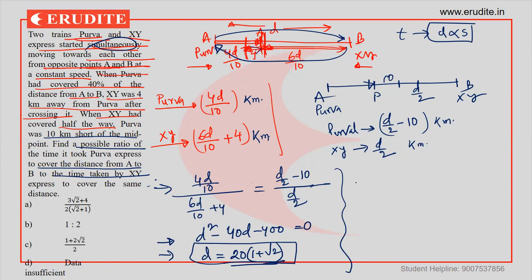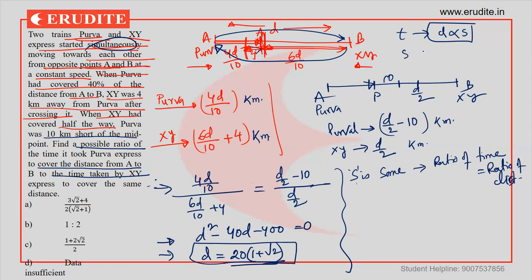As they're moving with constant speed, right? As the speed is the same, distance and time are in direct proportion. So ratio of time will be equal to ratio of distance as they are moving at constant speed.